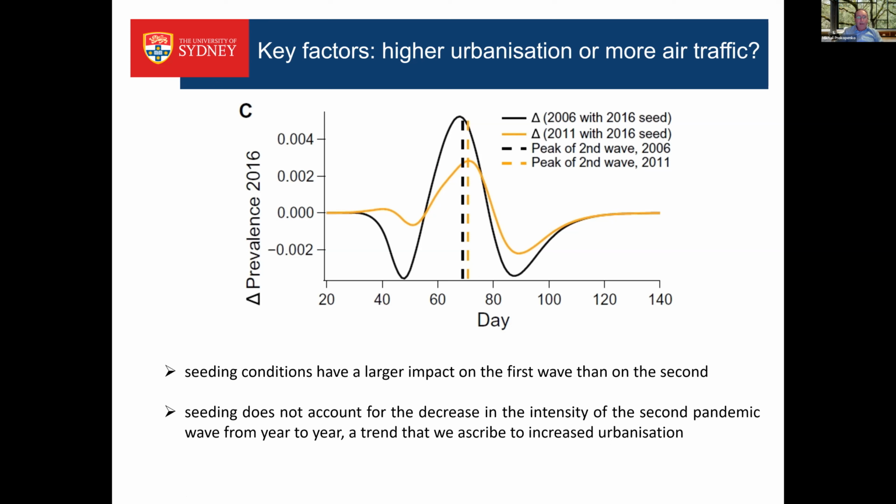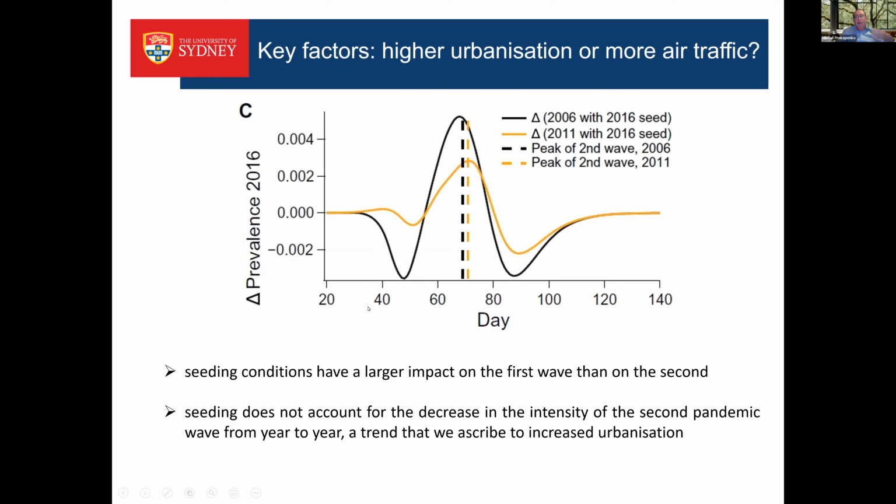And you see that the peak in the first wave, which happens around day 50, pretty much goes to zero, which means that the seeding conditions have a much larger impact on the first wave. So if you take the seed of 2016, you kill the difference.